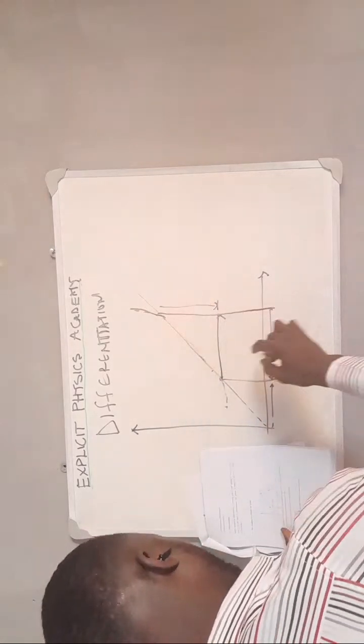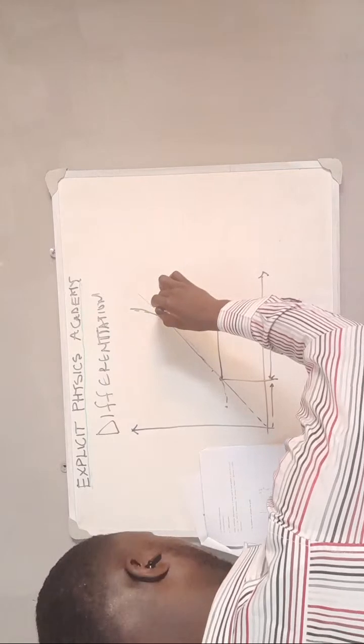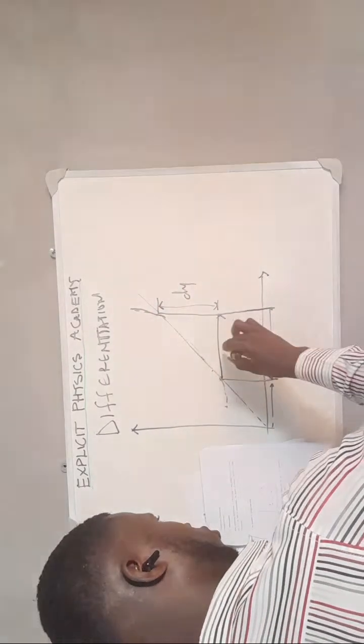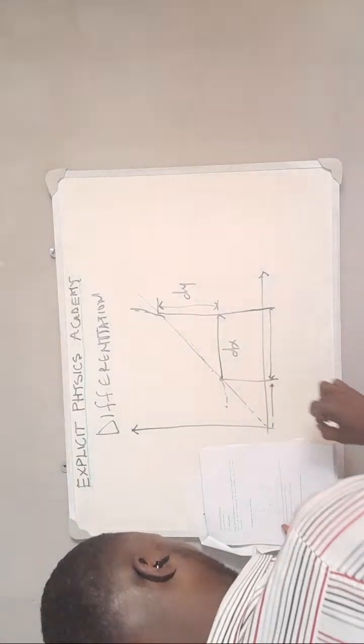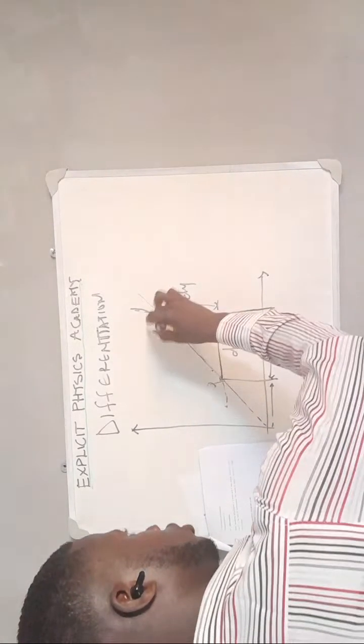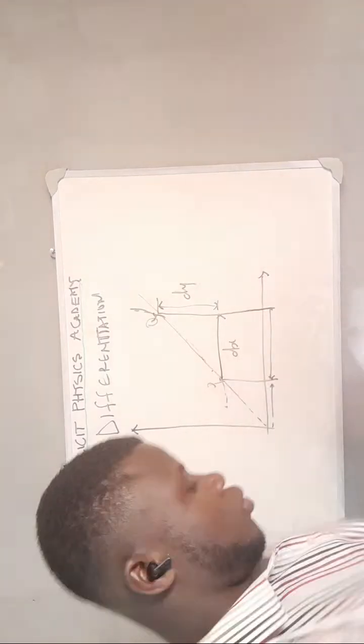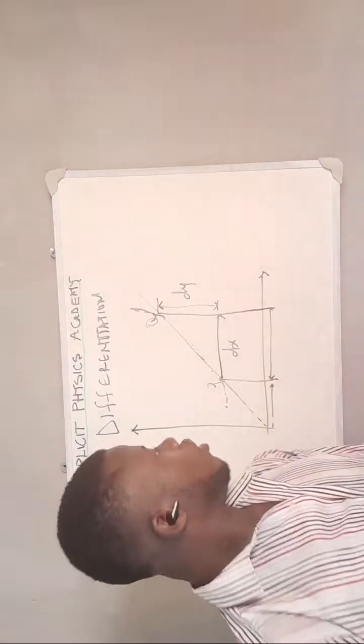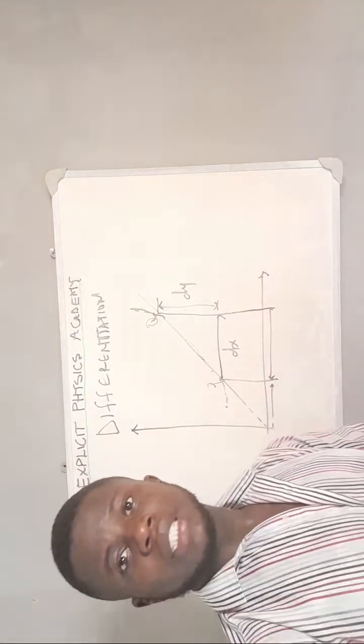All right, this is the curve. This is P, this is Q. All right, this is X1. Okay, now this is an aspect of a curve graph.